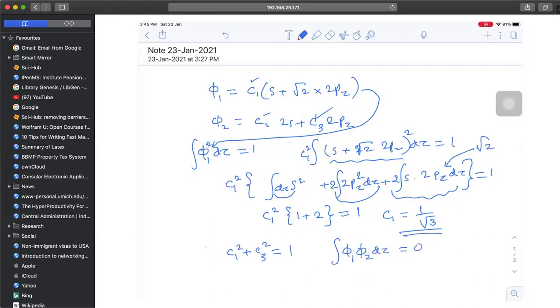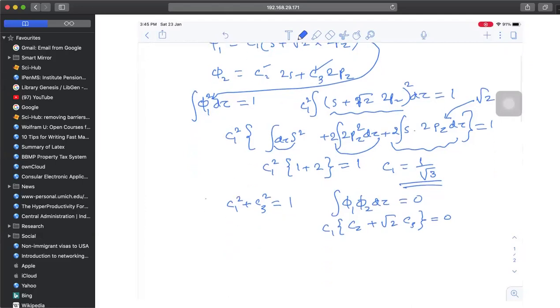So if you work this out, you will get C1 into C2 plus root 2 times C3 must be equal to 0. Correct me if I am making mistakes. Is that okay? Yes, sir.